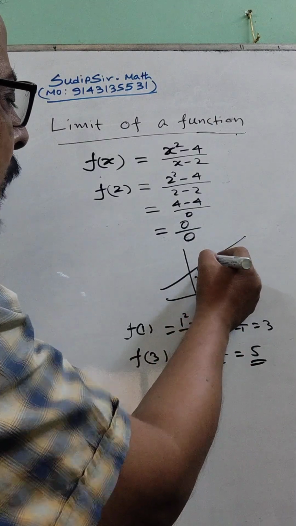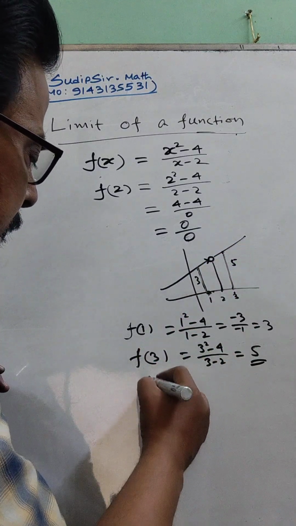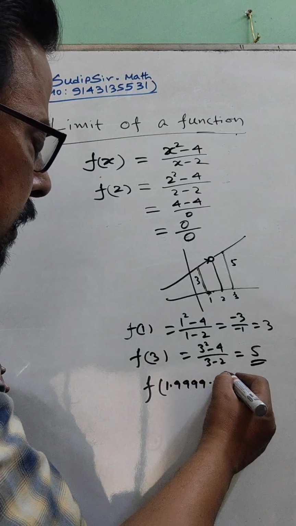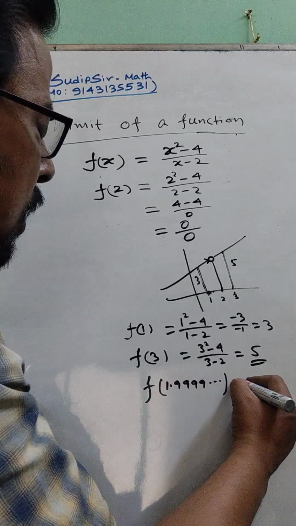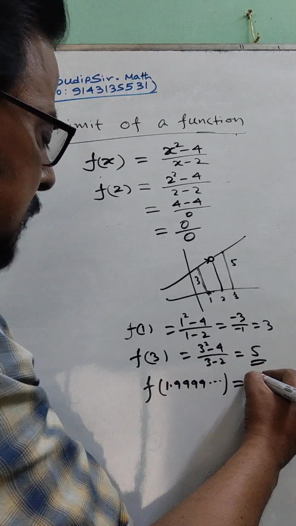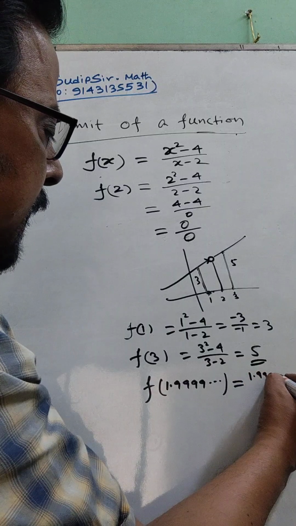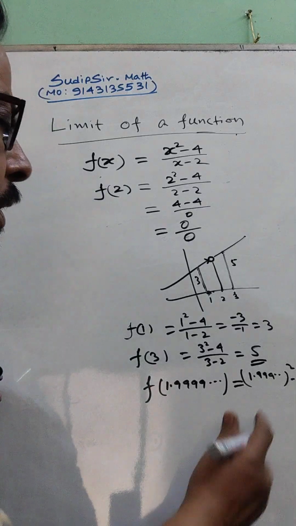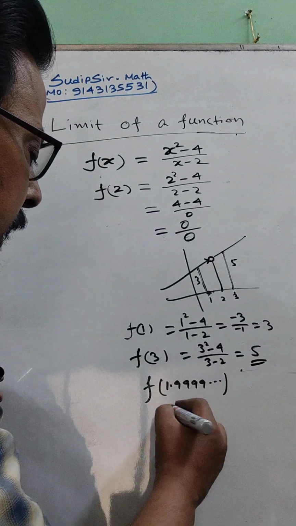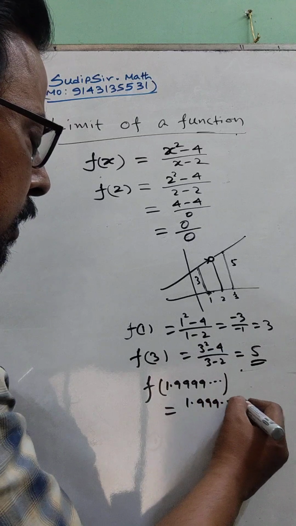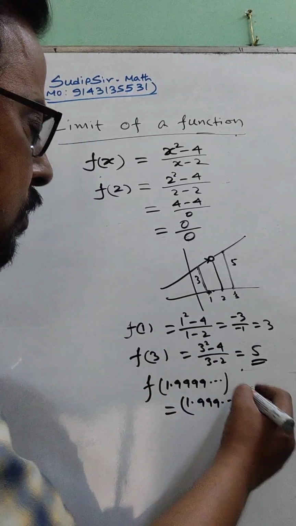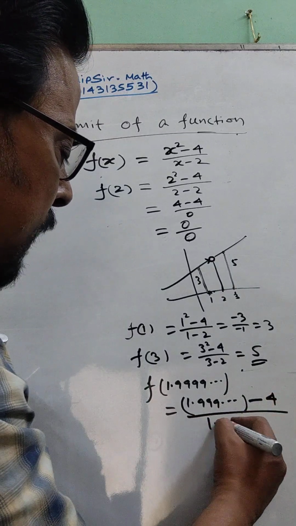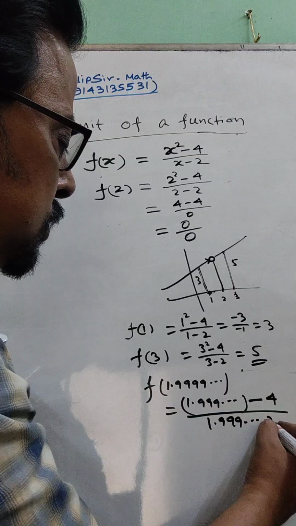But we can get a value very near to this, that is f of 1.9999..., a very near or approaching value, suppose (1.999 square minus 4) by (1.999 minus 2), whatever it is, approaching 2 or tending to 2.